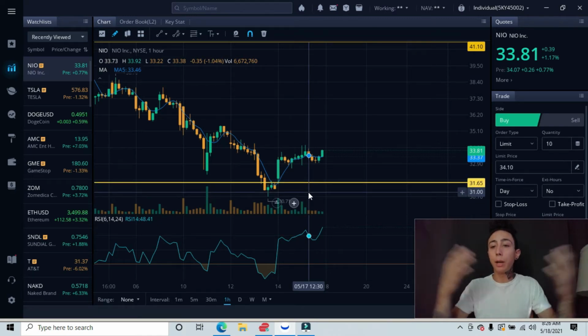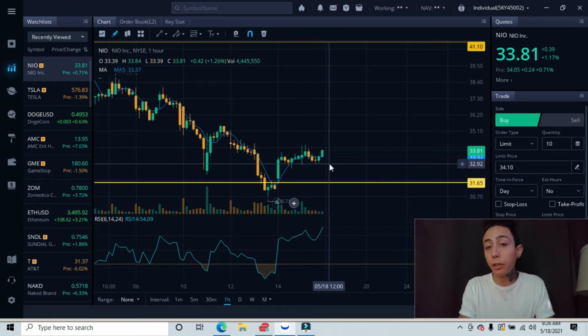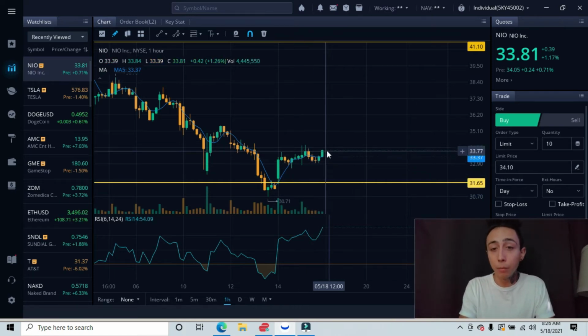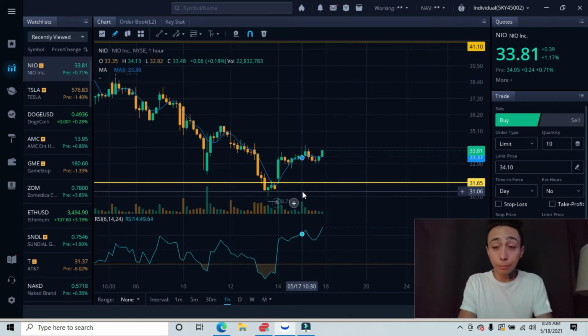If we do break back below this, we're for sure going to be continuing this downward trend, and we can get tagged out and wait for a better entry. Okay, you guys, but as of right now, I don't see this as a bad entry. Some would probably wait until they could retest the 31 again, but we may not have that opportunity. So getting in right now wouldn't be the worst decision, as long as you have your stop loss. I don't really see this as an issue.